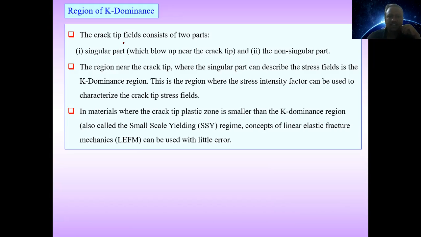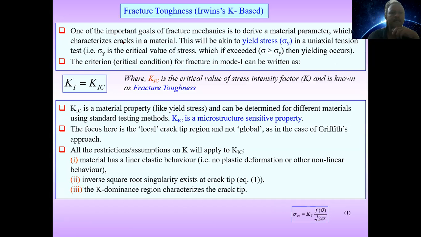In a material where the crack tip plasticized zone is smaller, the K dominant region is also called the small scale yielding, that is SSY, region. Concepts of linear elastic fracture mechanics can be used with little error.